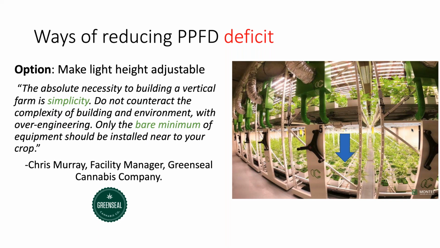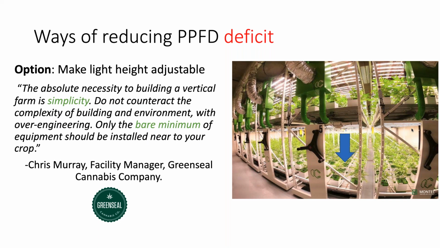The second thing comes from a quote from Chris Murray, who was instrumental in designing GreenSeal's vertical farm, that it adds complexity, right? And the rule he follows is simplicity. He says never add complexity into the building environment, because every piece of equipment you put in there, you have to service.